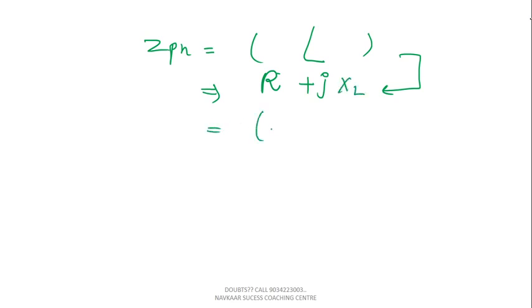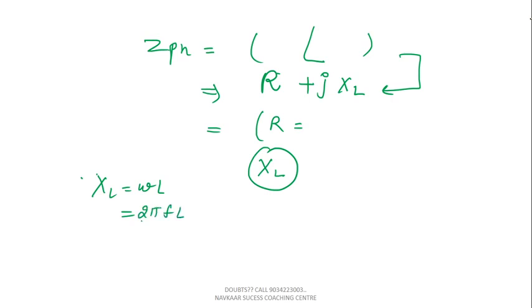Then you will get the value of R and the value of XL. If you get XL, then you can calculate L by the formula XL is equal to omega L. Omega is 2 pi F. 2 is given, pi is given, F is given, and XL is given, so from here you can calculate the value of L.